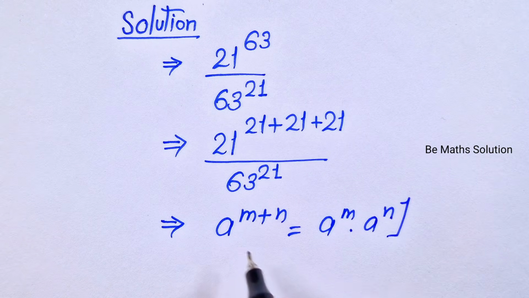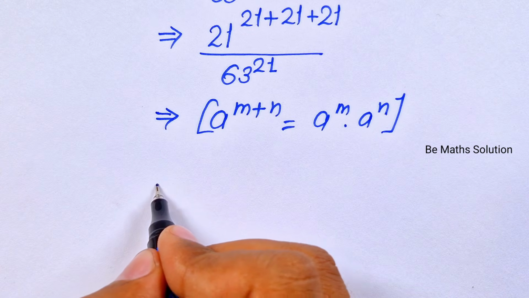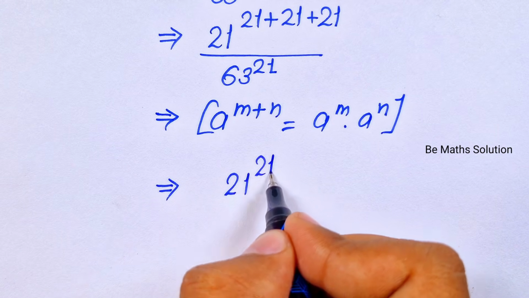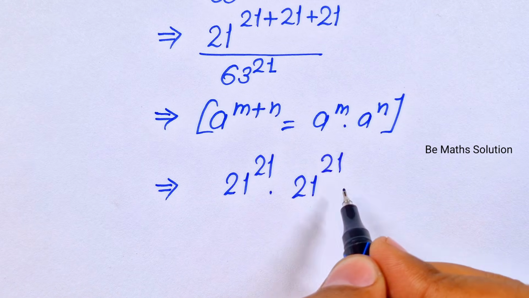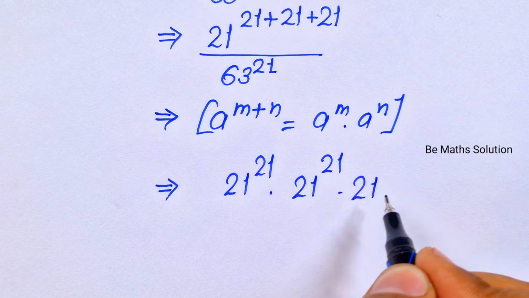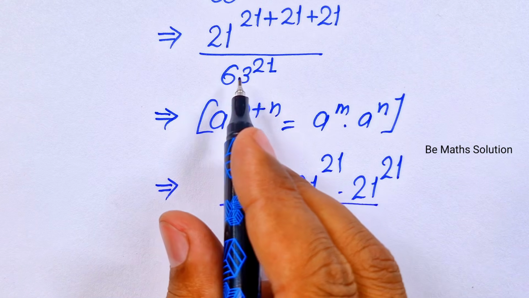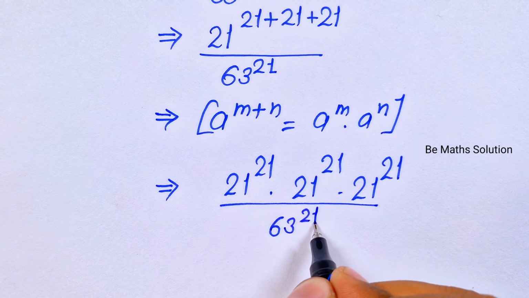So we will apply this form here, so it will be equal to 21 to the power 21 into 21 to the power 21 into 21 to the power 21, over 63 to the power 21.